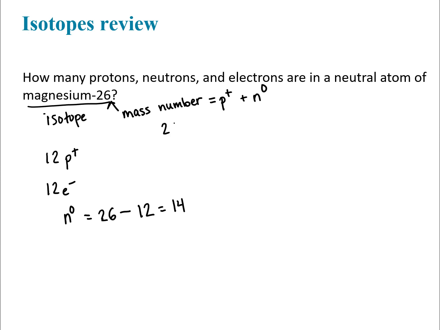Our mass number was 26, 12 plus the neutrons. And that's how we got here. So we've got 14 neutrons. You will need to remember this concept for chapter 5. The idea of what a mass number is, that is the protons plus the neutrons.